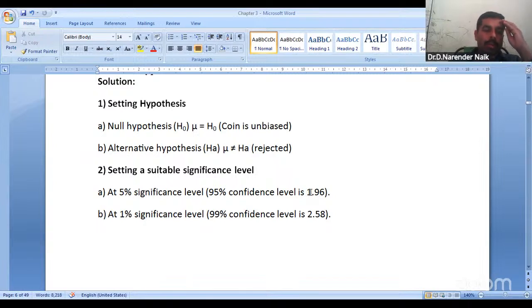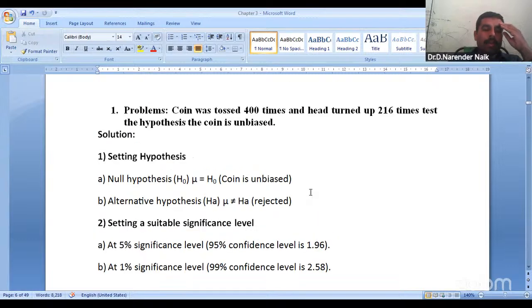Okay, setting a suitable significance level. In the given question, if 5% is given we go for 5%; if 1% is given we go for 1%. Here these values are called critical values. After we find the calculated value, we compare it with these critical values, 1.96 and 2.58.